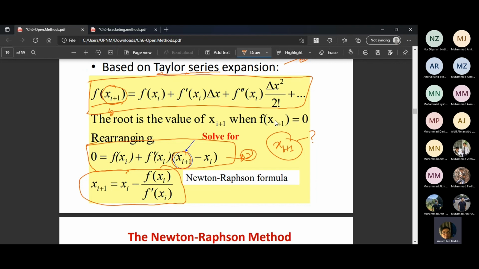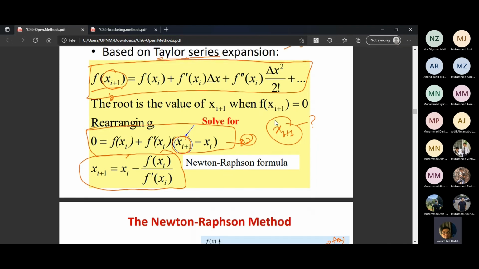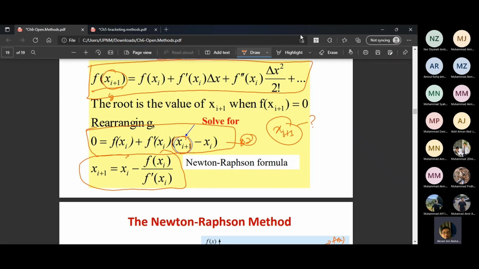So whatever value of x sub i plus 1 yang mengakibatkan f x equal to 0, itu adalah root dia. So by rearranging the series, let's say we have this equal to 0, then we can develop the Newton Raphson formula. So kita tengok untuk sampai first term saja. Kita ambil sampai sini saja.